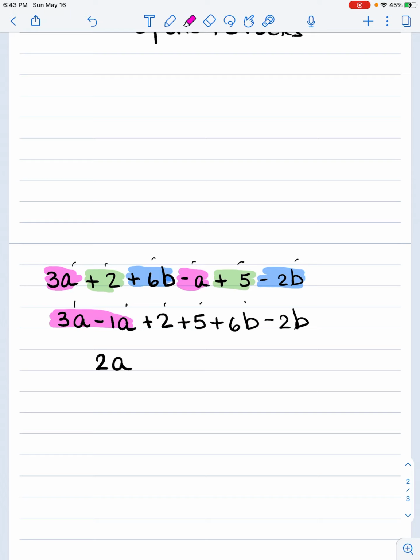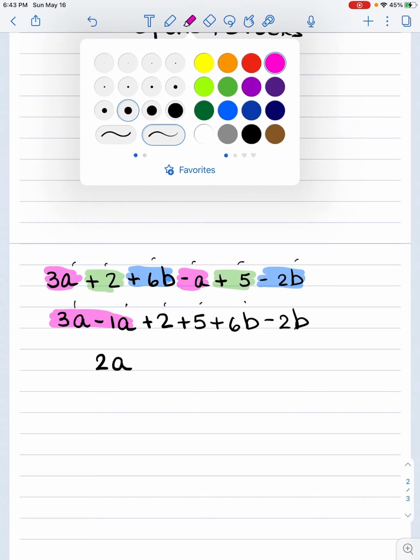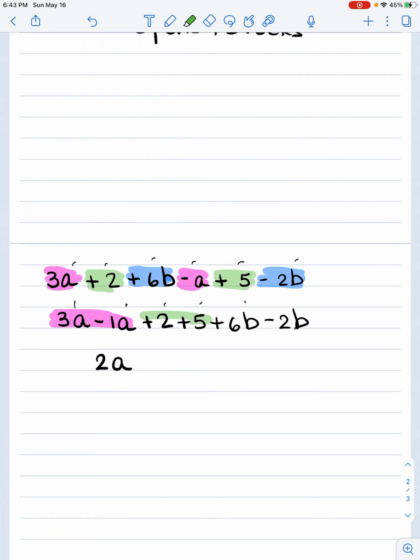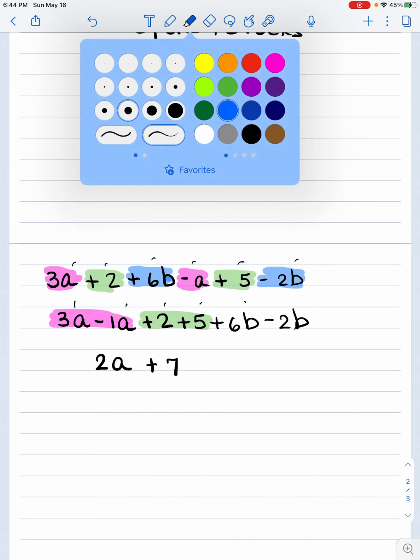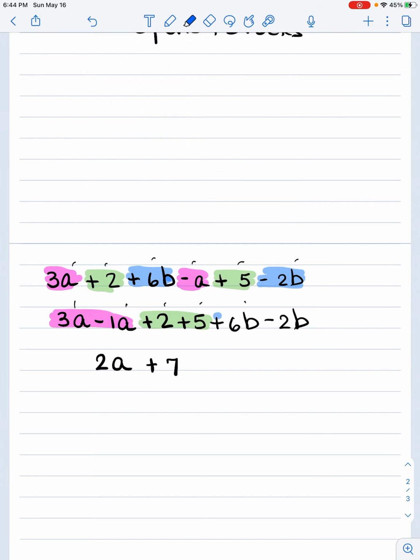And then we have plus 2 plus 5, and that's going to give us plus 7. And then last but not least, we have our B terms, plus 6B minus 2B would be plus 4B.